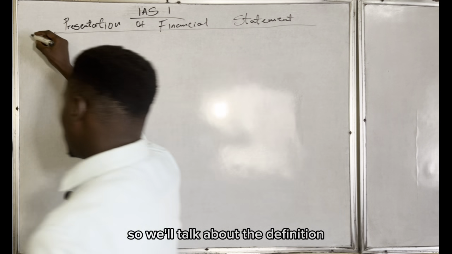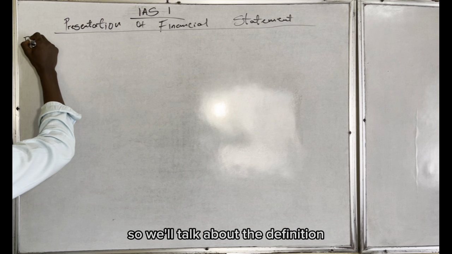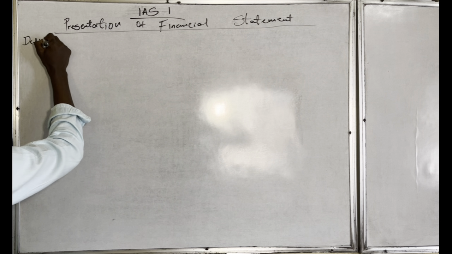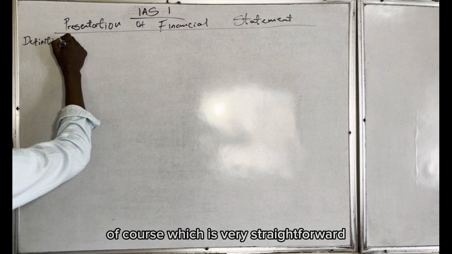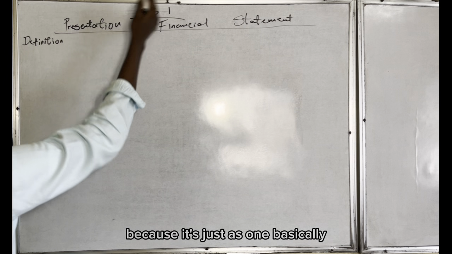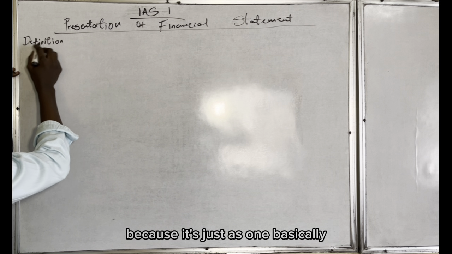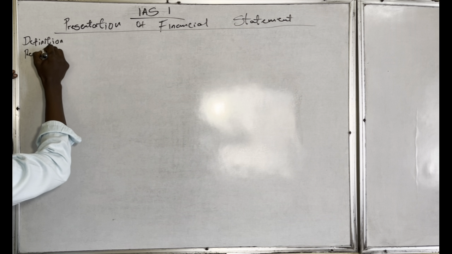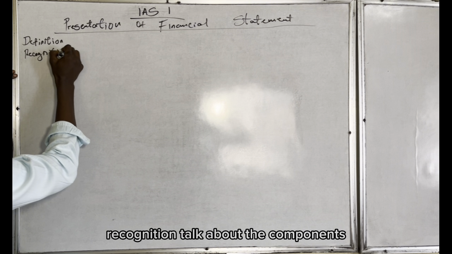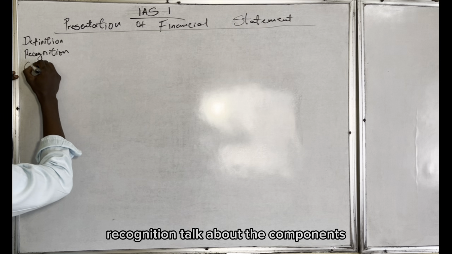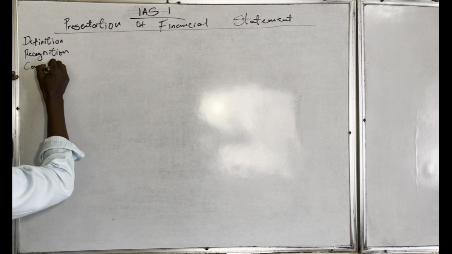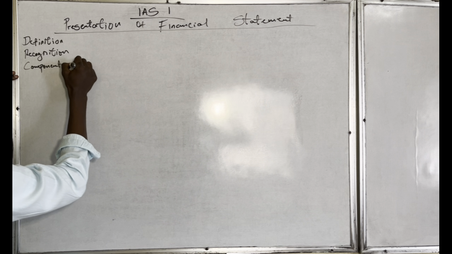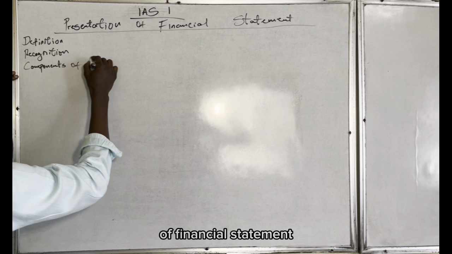So we'll talk about the definition, of course, which is very straightforward because it's just IAS 1 basically. Talk about their recognition, talk about the components of financial statements.